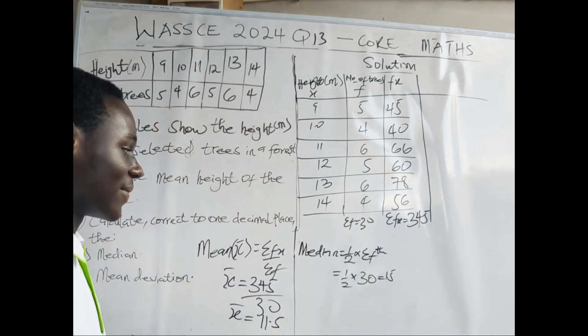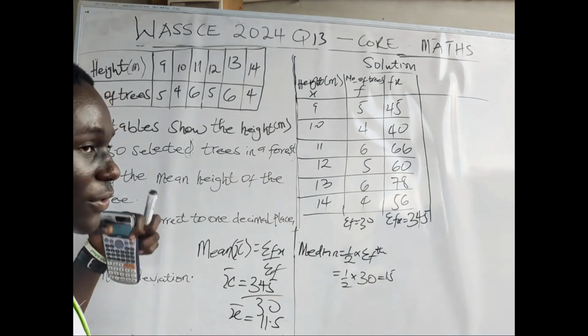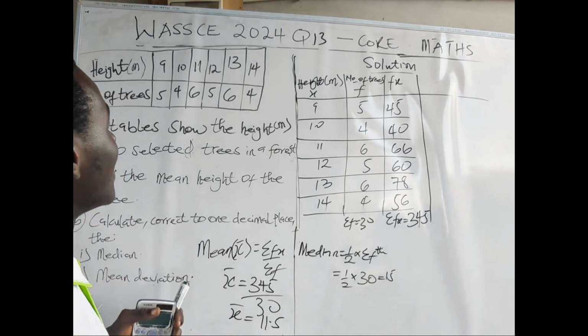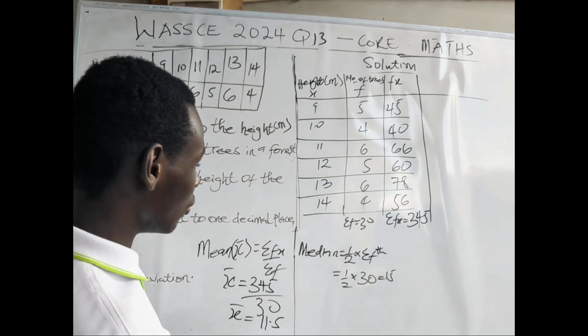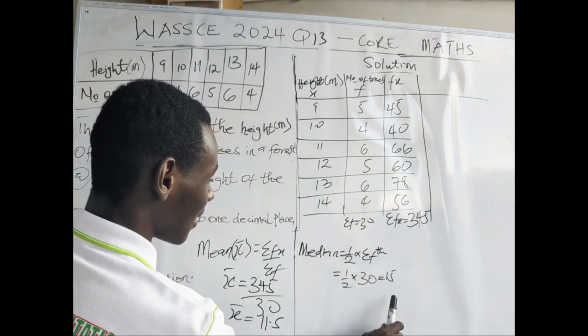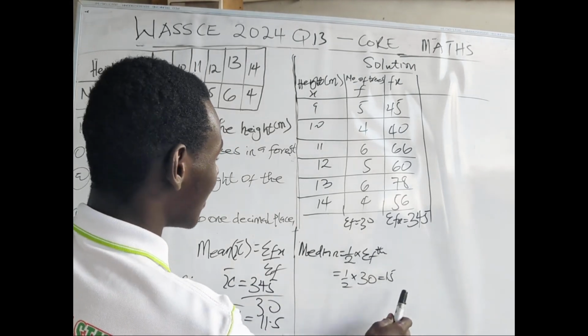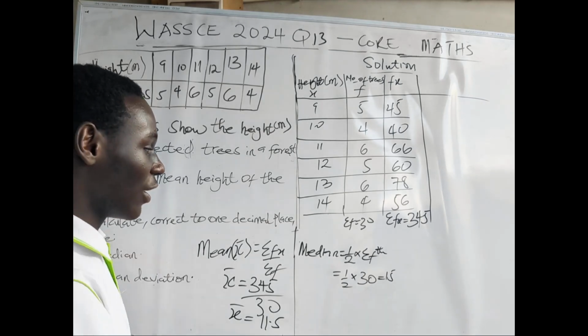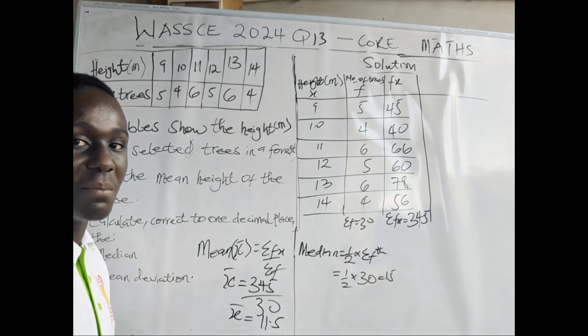But don't forget, our total frequency is an even number, that's 30. That means the median or the middle number must consist of 2 numbers. Half times the 30 gives us 15, so 15 is not the actual median value. This is to show us the position of the median.